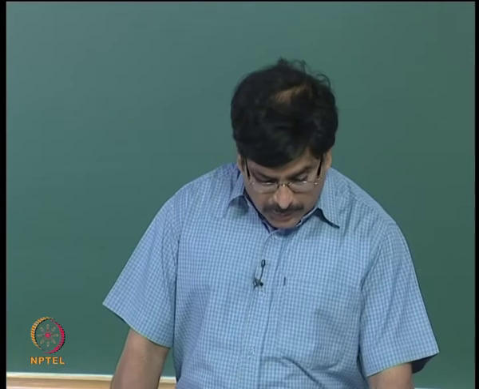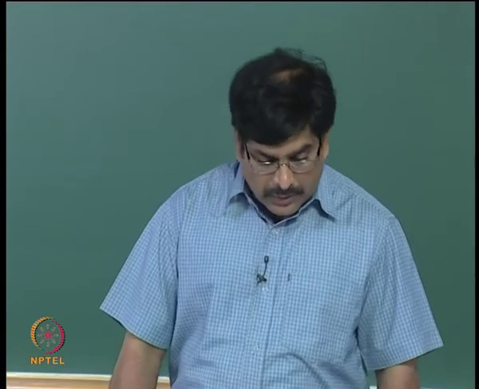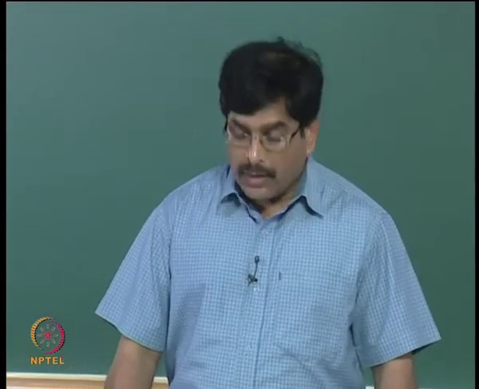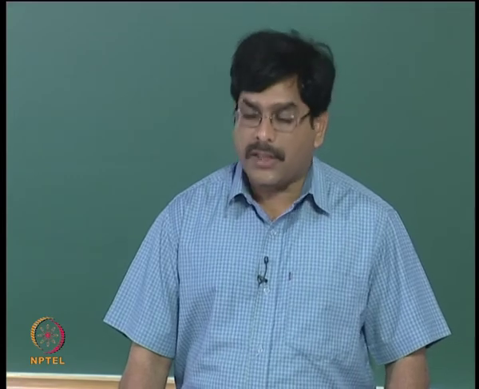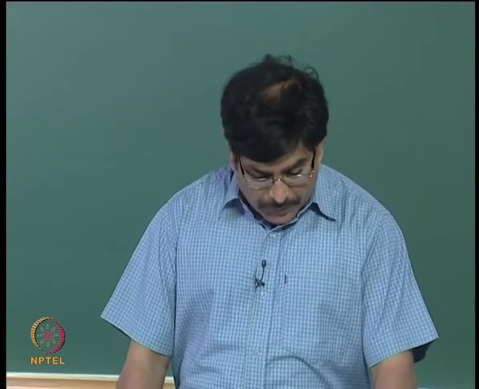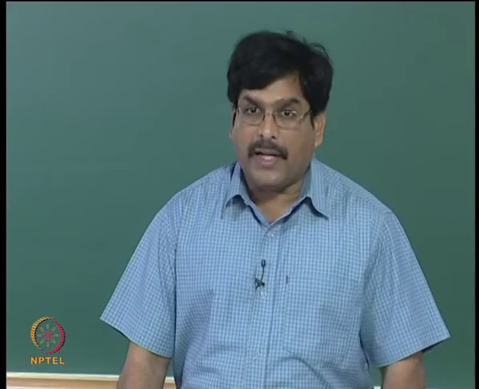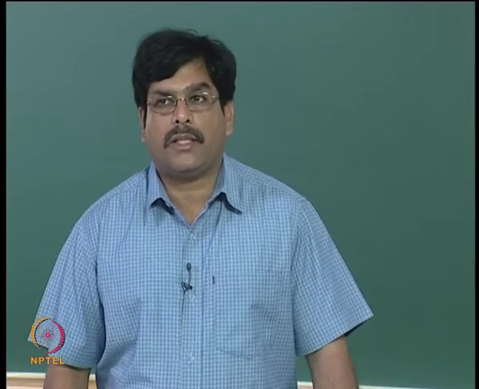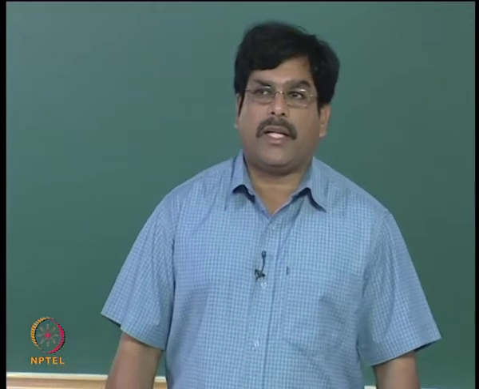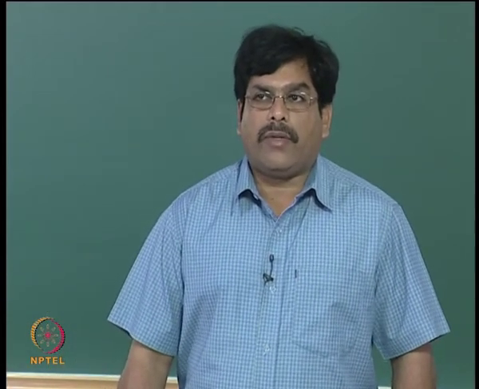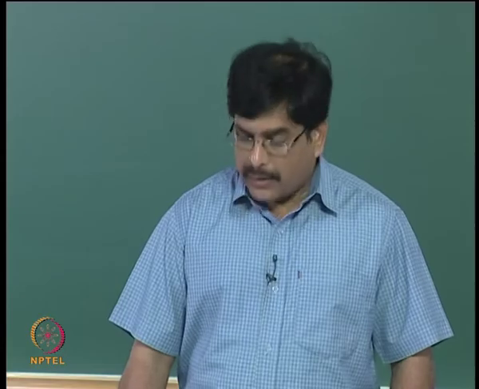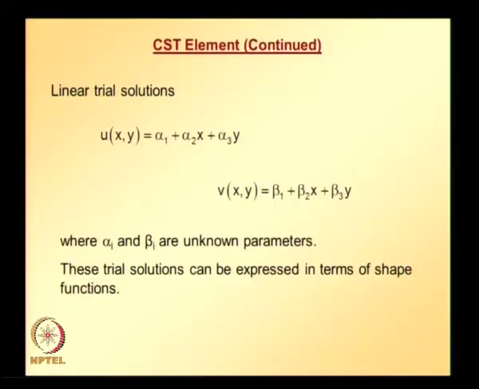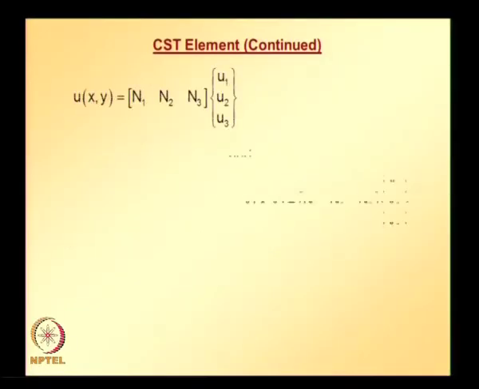These trial solutions can be expressed in terms of shape functions using methods that we discussed earlier. So, u can be written as n1 u1 plus n2 u2 plus n3 u3. Similarly, v can be written as n1 v1 plus n2 v2 plus n3 v3, which can be expressed in matrix and vector form in this manner.